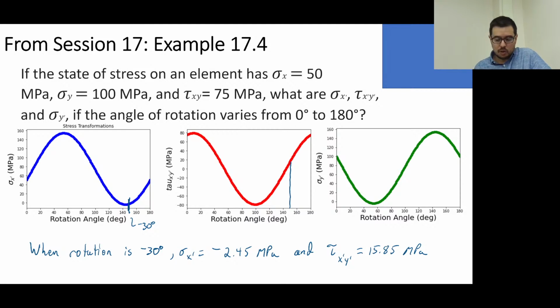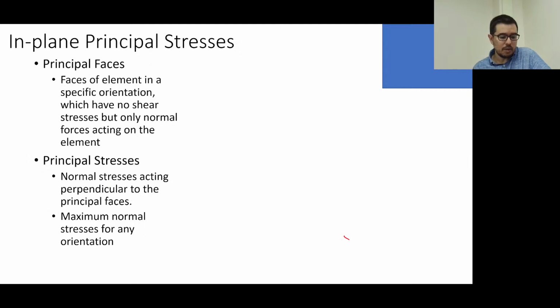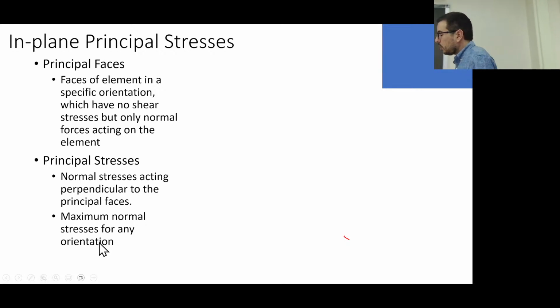And in-plane principal stresses are on principal faces of the element. Skip all the words. You get maximum normal stresses when you're in a state of principal stress.